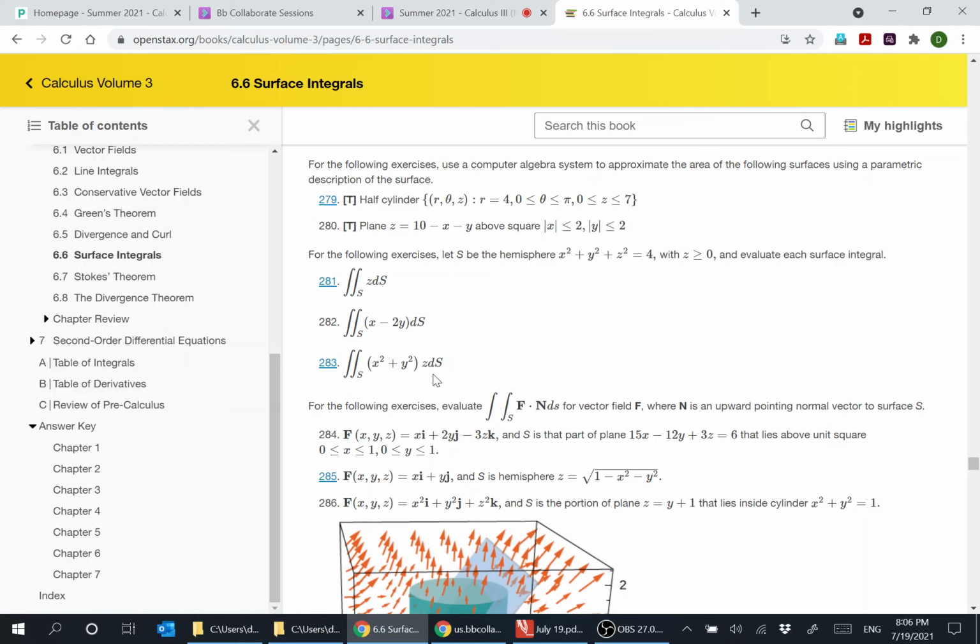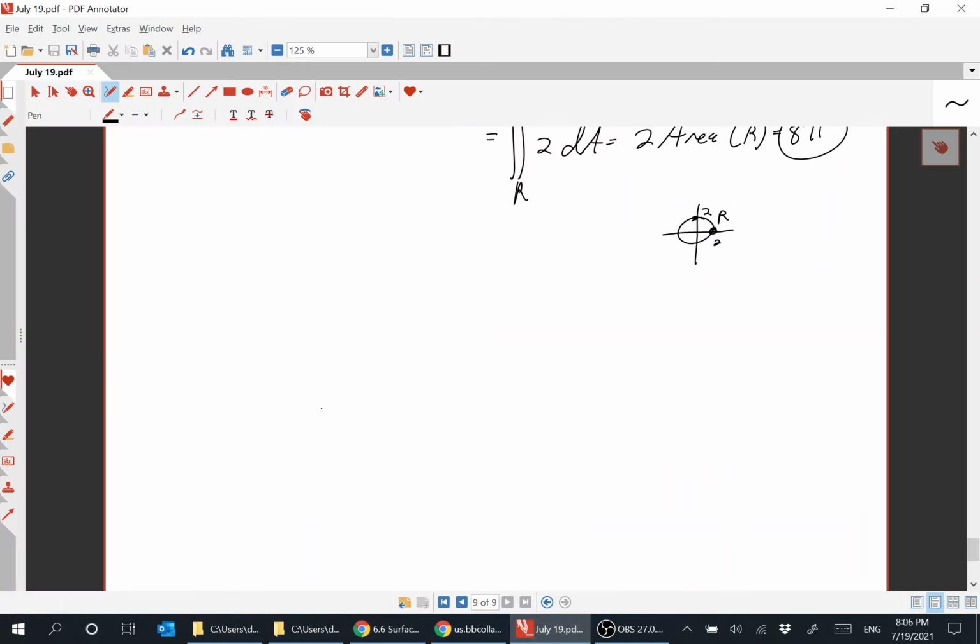So in 283, same surface, but now we've got the double integral over S of z times x squared plus y squared.